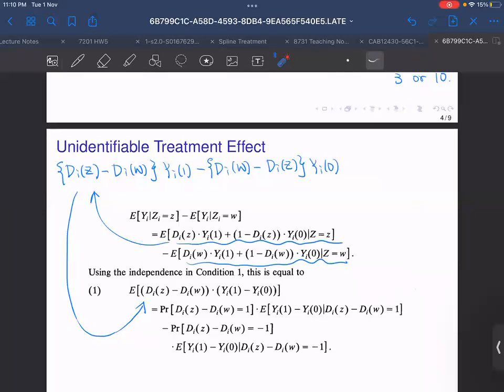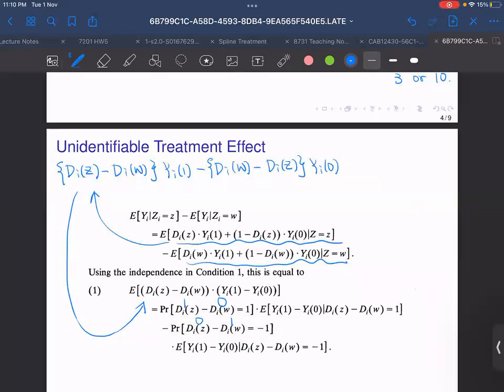All right. So if we are in this scenario, then DIZ must be 1, DIW must be 0. If we are in the second scenario here, then DIZ must be 0, DIW must be 1.